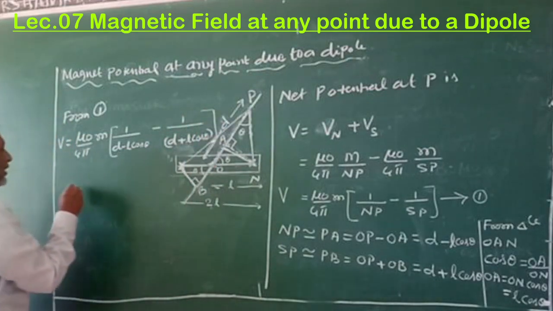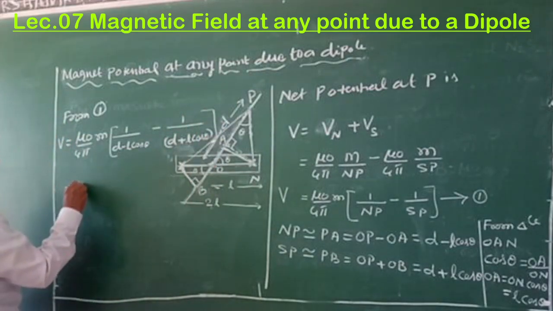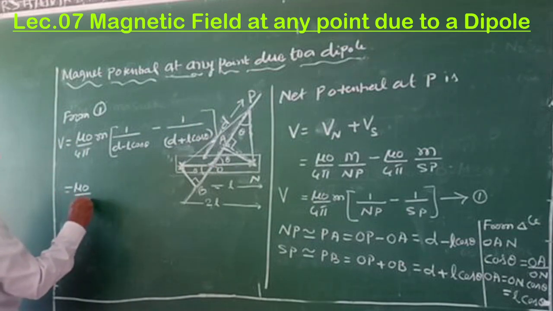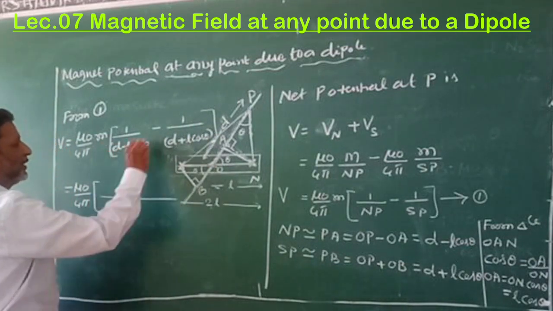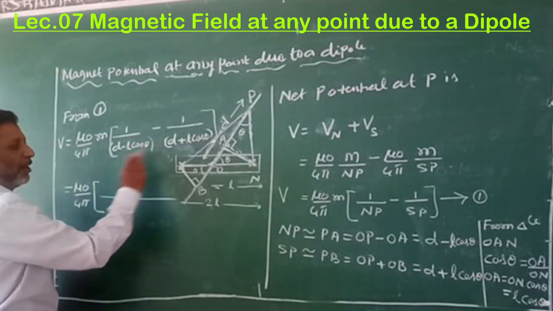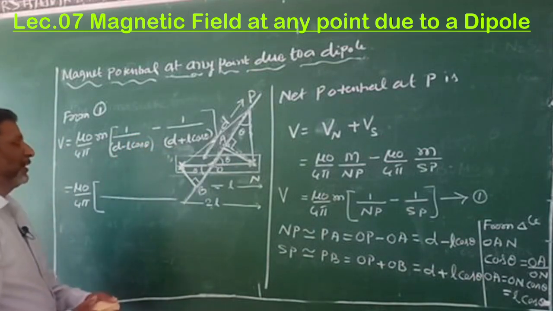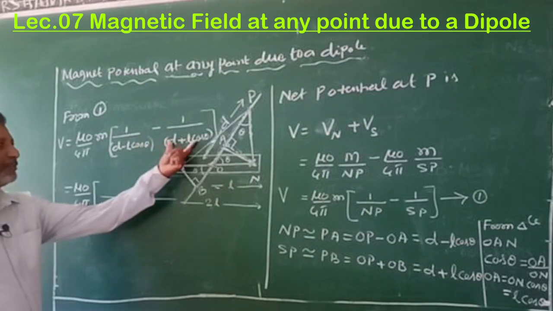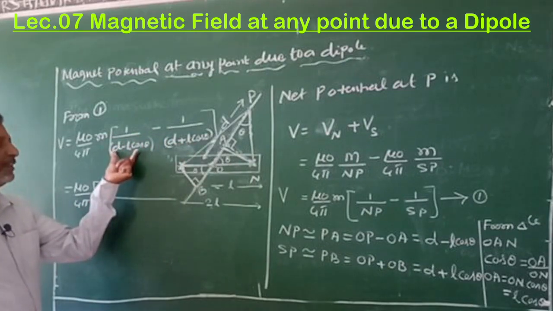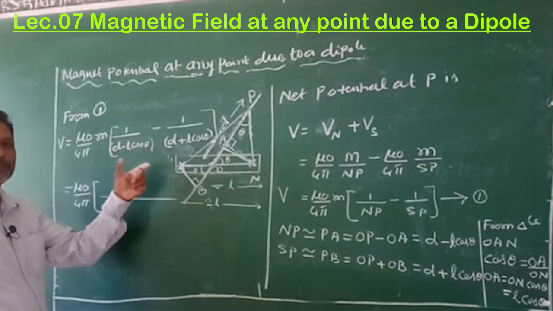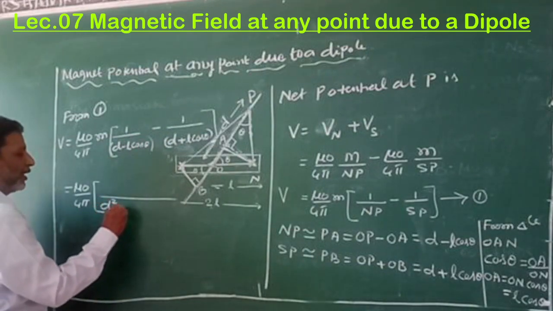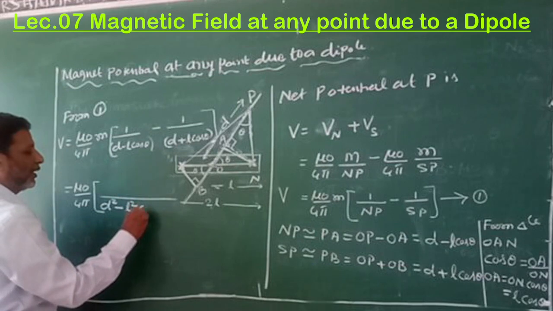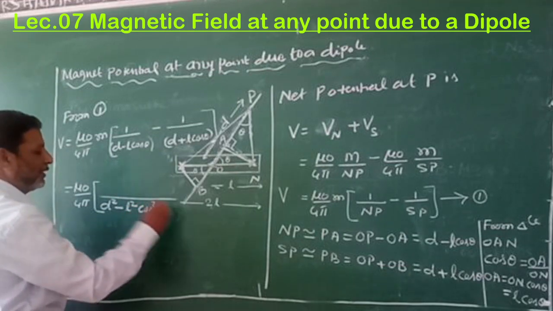Now you take the LCM. This is equal to mu naught divided by 4 pi, and the product of these two is the LCM. I will write it in a single step: a plus b into a minus b is equal to a square minus b square, so I can write here D square minus L square cos square theta.